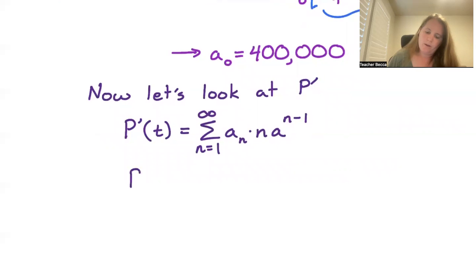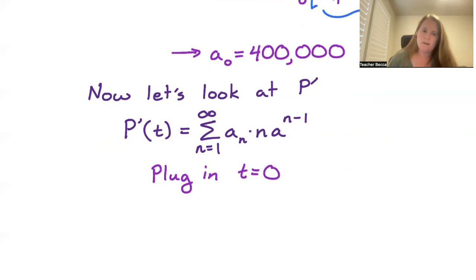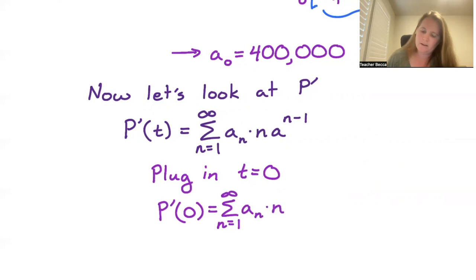So we have P prime of 0. Again, let's plug in 0.